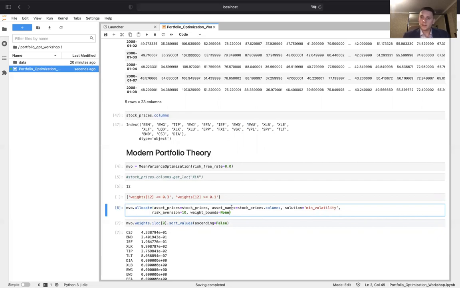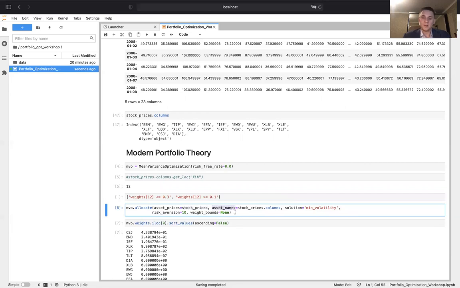Let's start with the initial optimization problem we were talking about, minimum volatility optimization. So what are the inputs of this function? We use stock prices as inputs to the mean variance optimization allocate method, which is a pretty much universal API for each optimization algorithm.